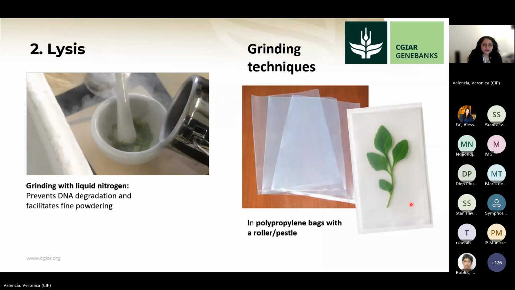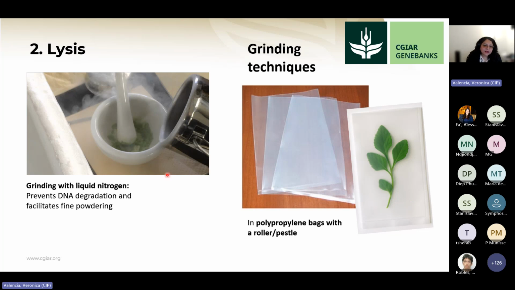So when we talk about the lysis and grinding techniques, one of the most common is probably the grinding with liquid nitrogen. Liquid nitrogen prevents the DNA degradation because of the temperature and facilitates fine powdering. So when you have very hard tissues, it can solve many problems.